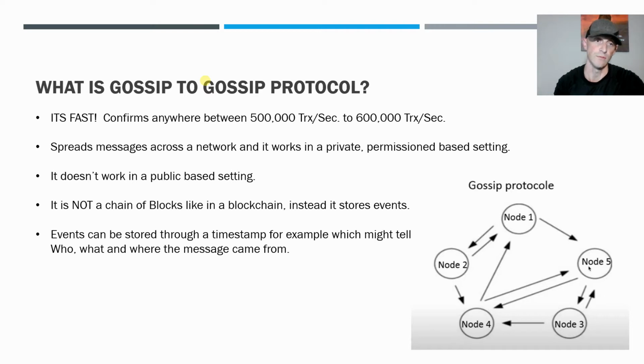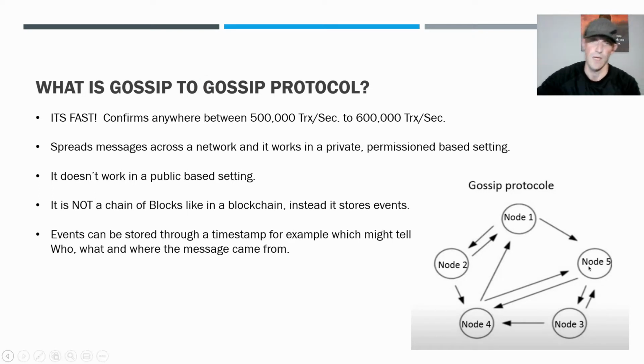Now you know gossip to gossip protocol is super fast. Okay, it confirms anywhere between 500,000 to 600,000 transactions per second, or so they claim, anyways. It spreads messages across a network, and it works in a private permission based setting.